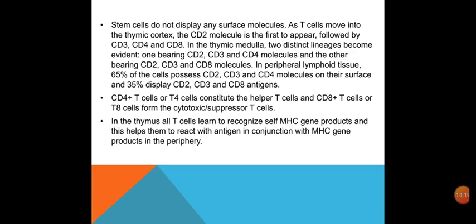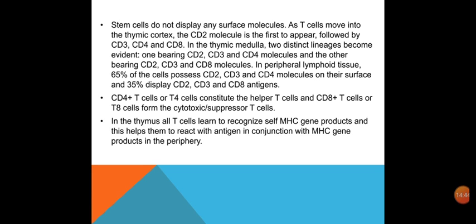As T cells move into the thymic cortex, the CD2 molecule is the first to appear, followed by CD3, CD4, and CD8. In the thymic medulla, two distinct lineages become evident, one bearing CD2, CD3, and CD4 molecules, and the other bearing CD2, CD3, and CD8 molecules.